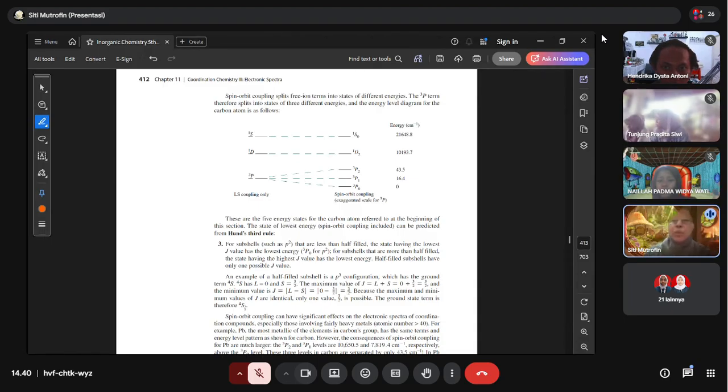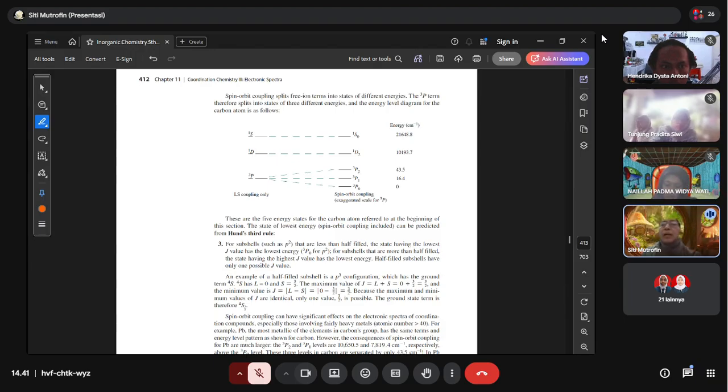So you have to arrange the energy levels like in the picture: 3P is the lowest level, followed by 1D, and the highest level is 1S. Any question?